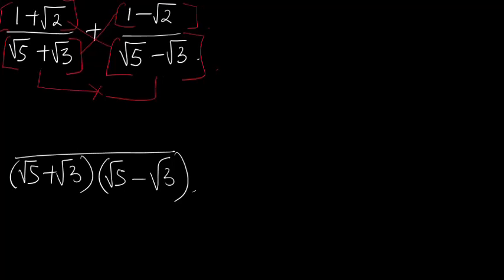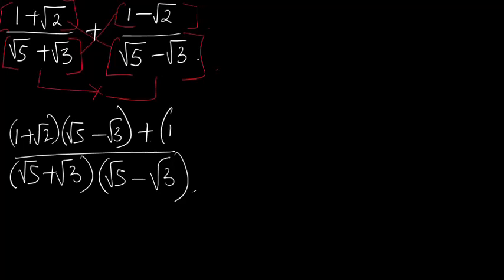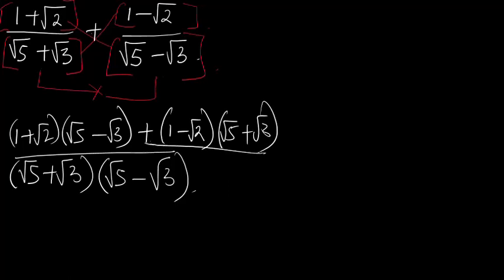We use this one, multiply this: you have (1 plus root 2) times (root 5 minus root 3). Then you put this plus here. Then you use this to multiply this: (1 minus root 2) times (root 5 plus root 3). So that is how to solve this fraction.